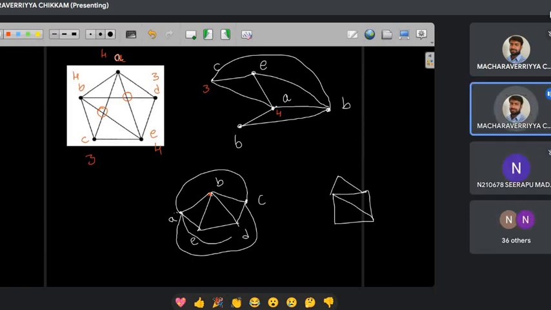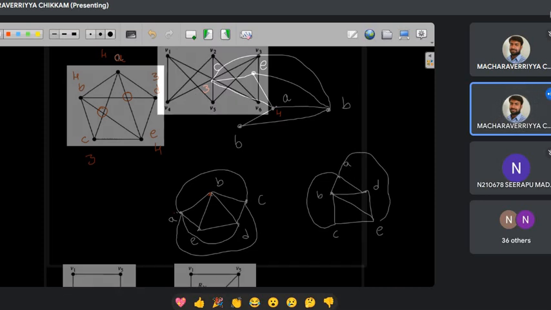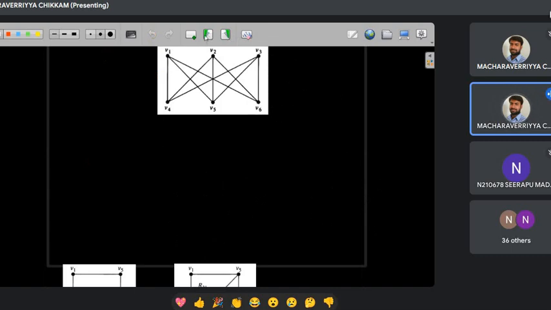All right, AD you can take it like this. If there is AD, there's no problem. So this is B, A, D, C, E, and A to C, and then A to E. Okay. So now you can see K33 here.